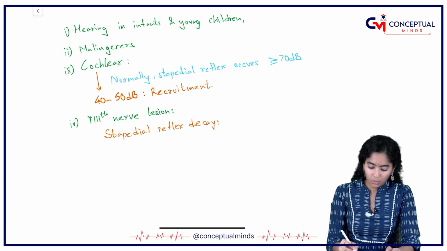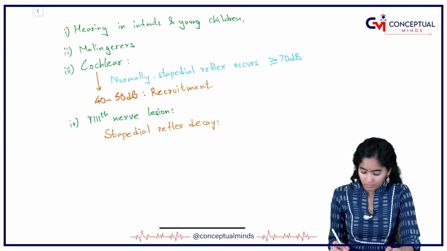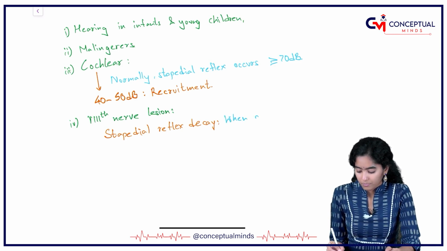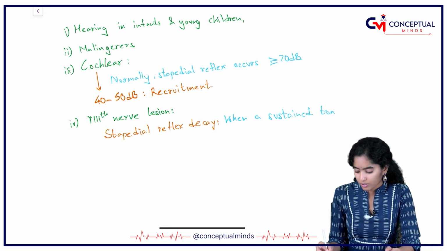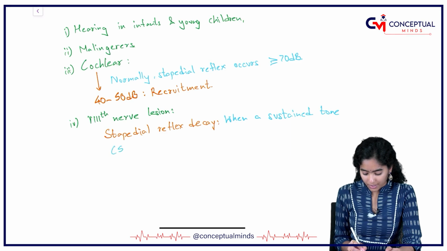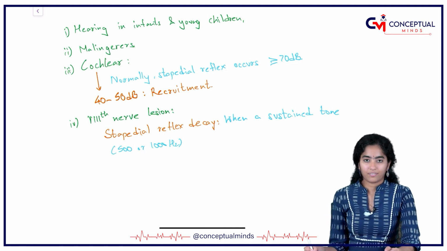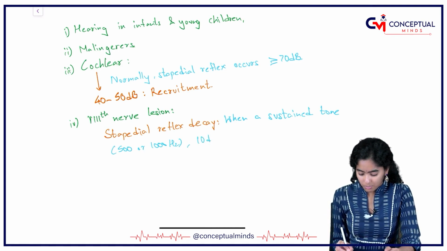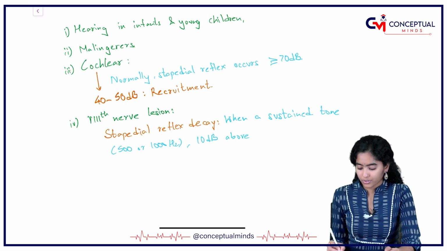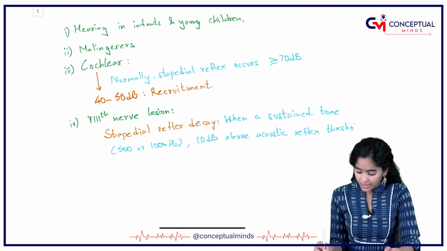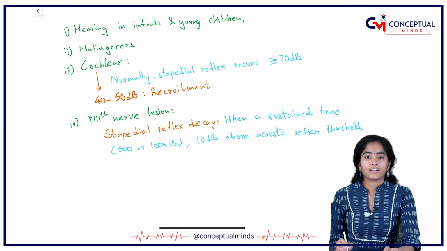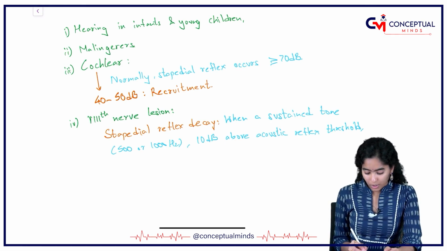If a sustained tone of say 500 or 1000 Hz is given at 10 decibels above the acoustic reflex threshold, say the acoustic reflex threshold is 80 decibels and we are giving sound at 90 decibels for a period of 10 seconds.